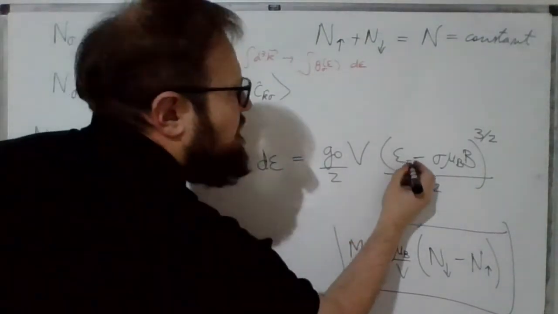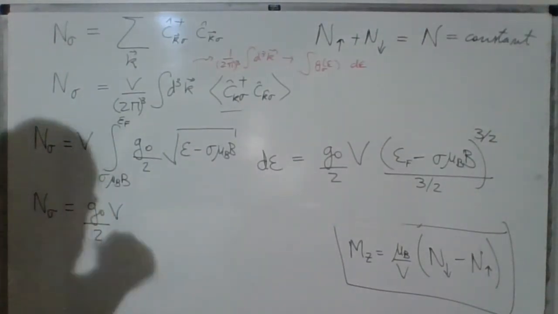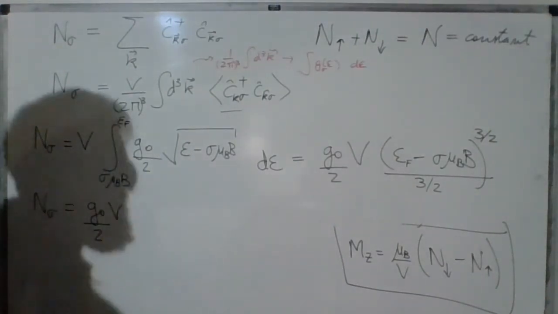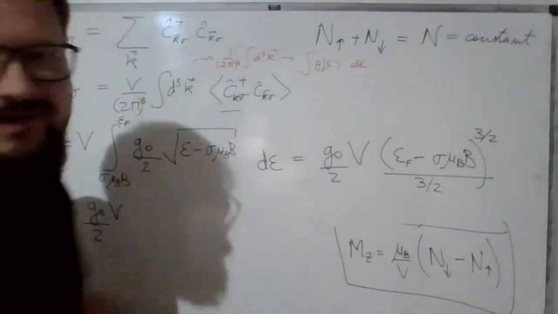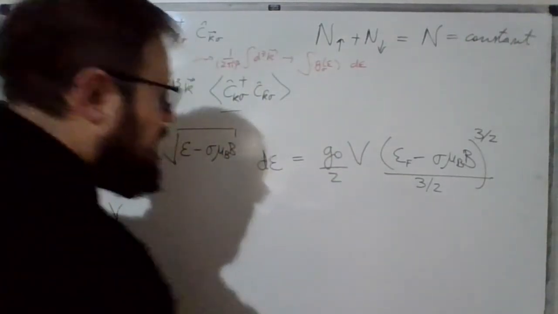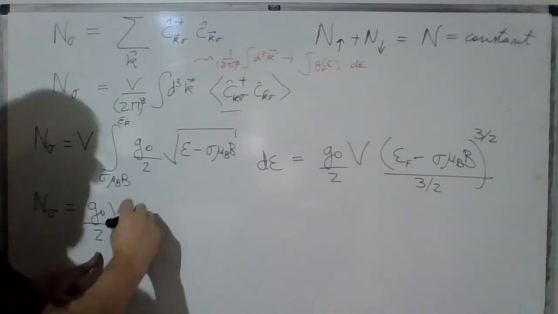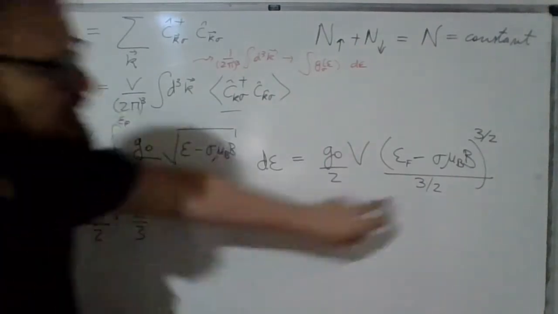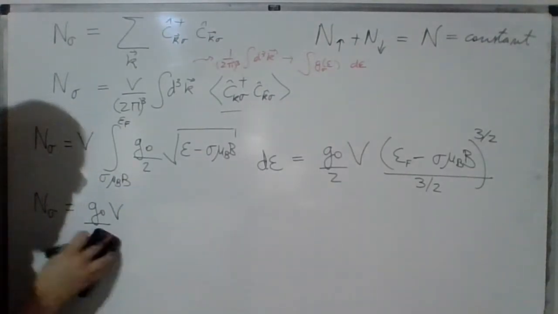This will become the Fermi level here. But now notice the following aspect here. I will erase this, but just remember that fact. We have G0 V over 2 times 2/3, because this factor 1 over 3/2 is 2/3.